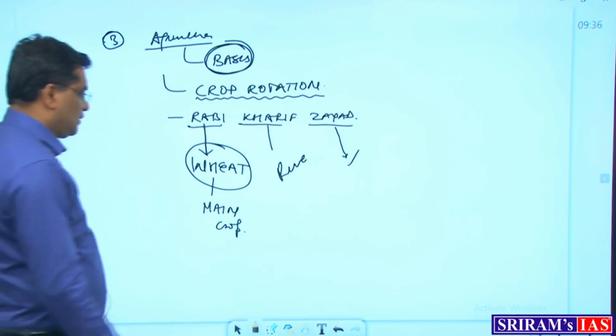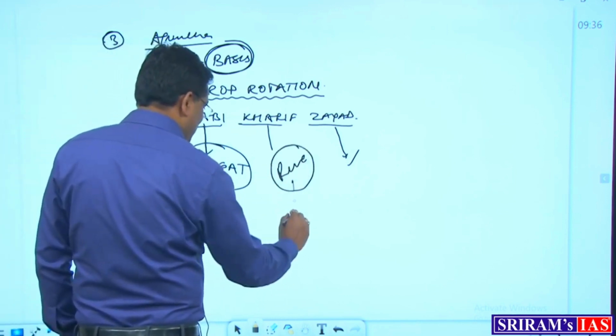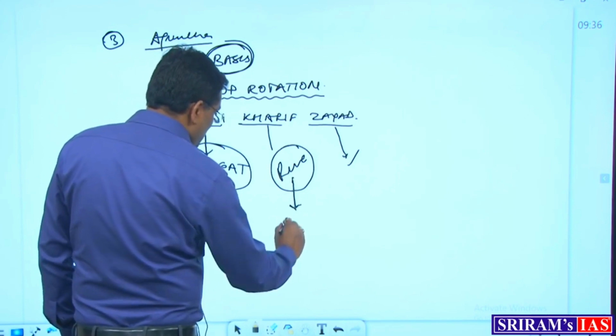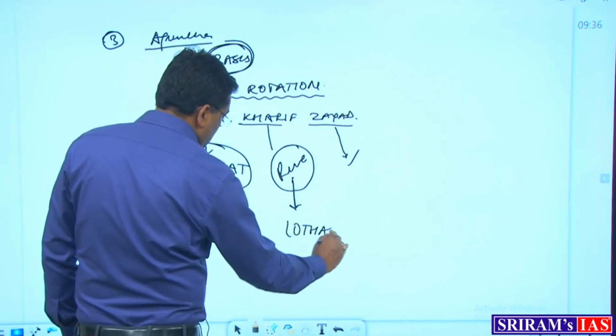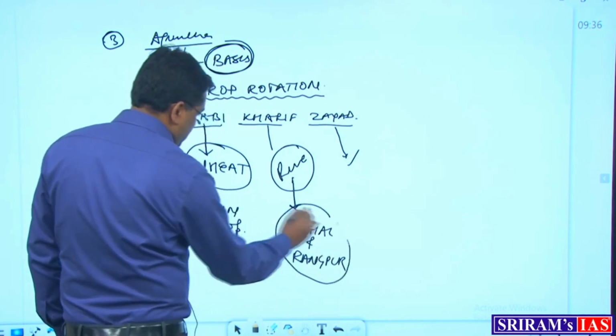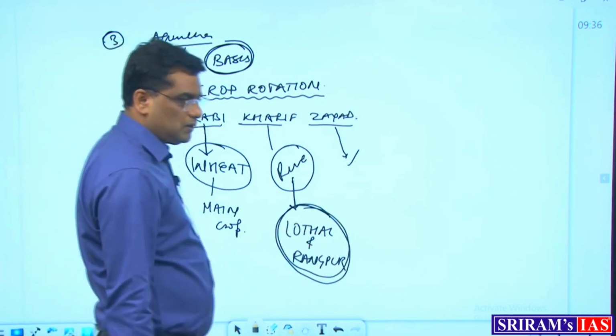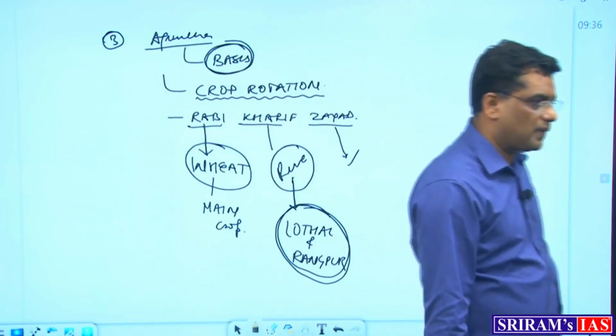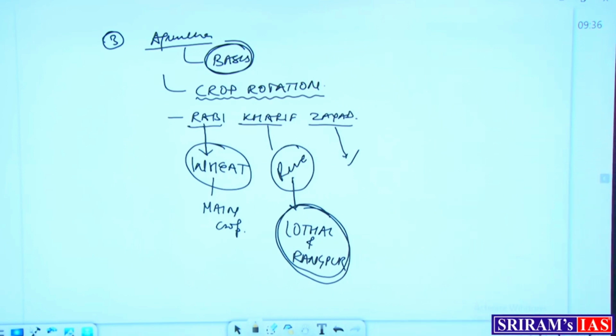Rice was found from Lothal and Rangpur and not from anywhere else. Rice was found only from two places, Lothal and Rangpur. Both are in Gujarat. Otherwise, wheat was the main crop.